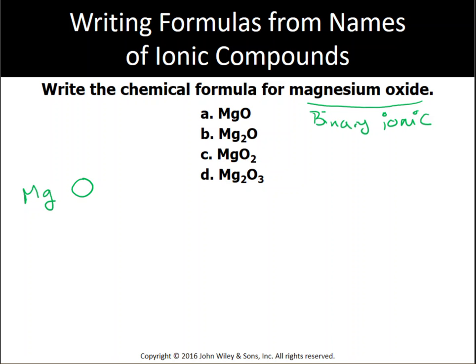What charge would you expect magnesium to have? Very good, 2 plus. Now, oxygen is in group 6A. What charge would you expect oxygen to have? 2 minus. Very good. To write the formula for this ionic compound, I first write the cation, magnesium, and then the anion, oxygen.